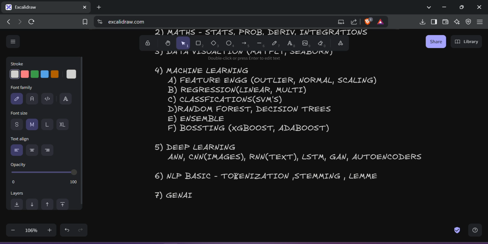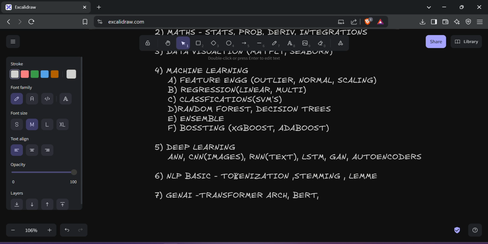And then we'll be diving into the most exciting future domain, generative AI. Here we will be discussing transformer architecture and then BERT architecture, GPT. GPT, like you know, ChatGPT. GPT is known as generative pre-trained transformer.